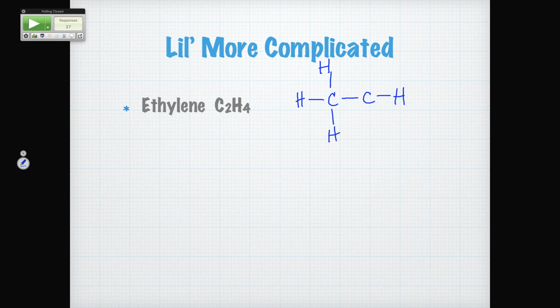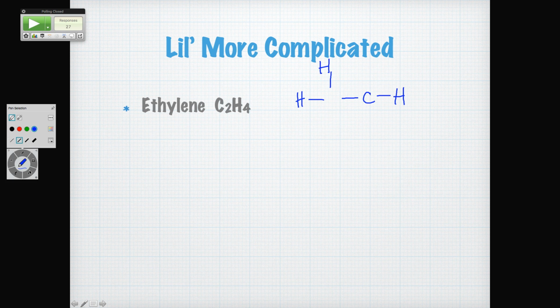Carbon, however, will make single bonds, double bonds, and triple bonds. All right, so let me fix that. How am I going to fix that? I'm going to erase this guy. Whoa, you like really erased it. That's all right. I can put him back. So between the 2 carbons, I'm going to do this.